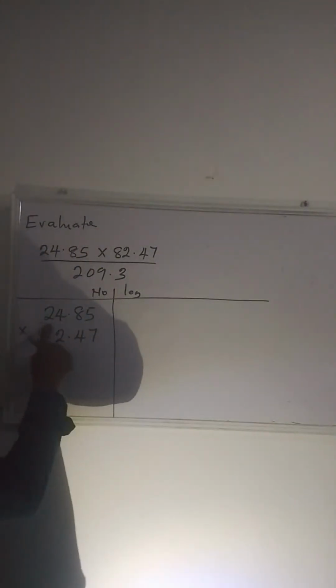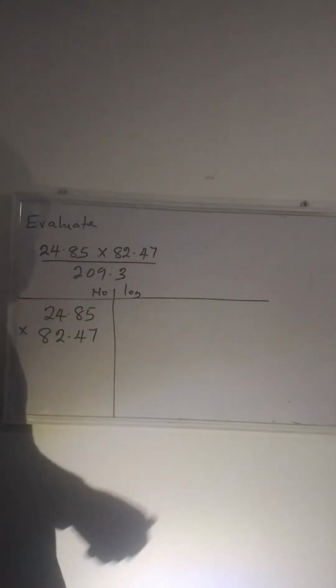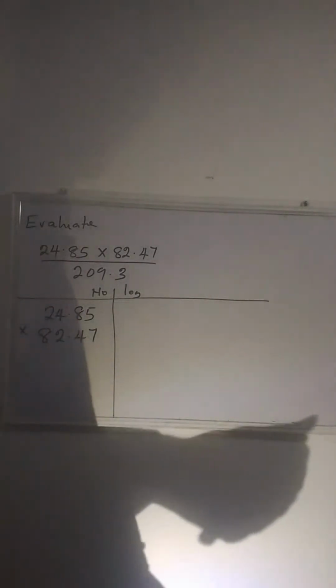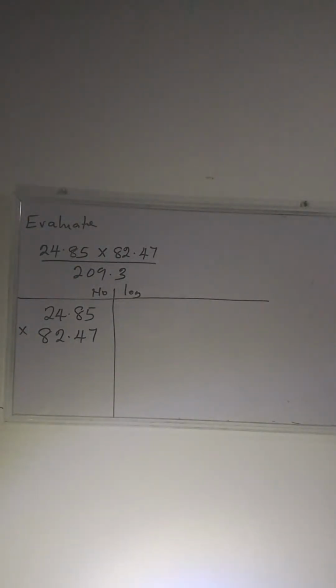So I'm not going to do that for you. Can you tell me the characteristic of 24.85? I expect the answer to roll in now. What's going to be the characteristic? Yes, I'm seeing 1. All right, I can see Balogun, I can see Abosede.